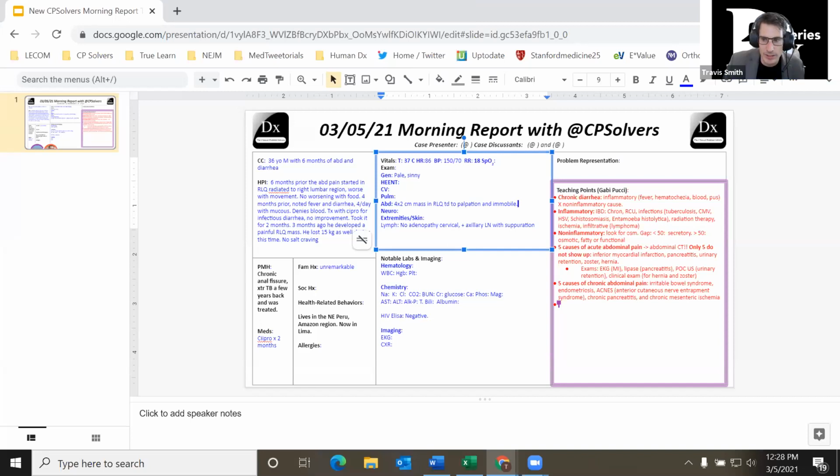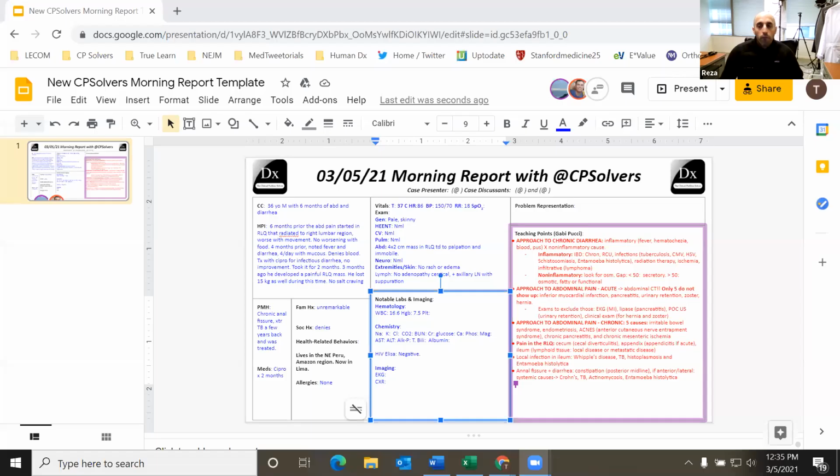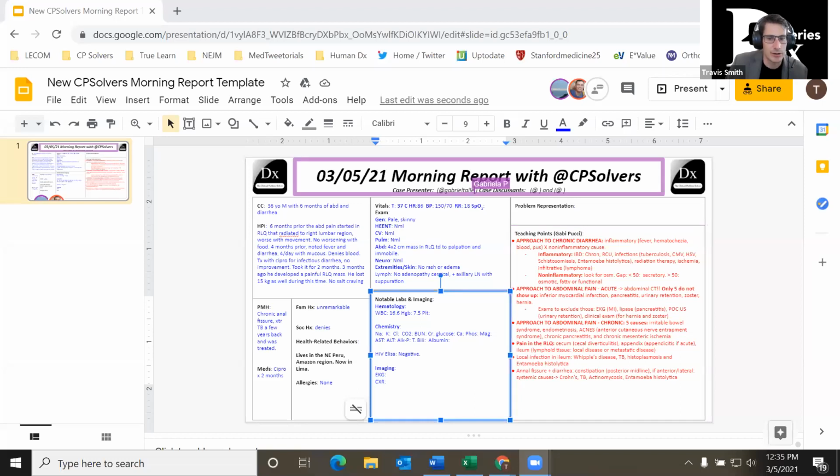How about now? Are you able to see it? No, I can write, but it doesn't appear. I think you should stop sharing and share again, Travis. There's maybe this weird equal sign in the middle of the screen with a hyphen through. Maybe it just froze. I stopped sharing and shared. Are you able to see it now? Now good. Can we see it?